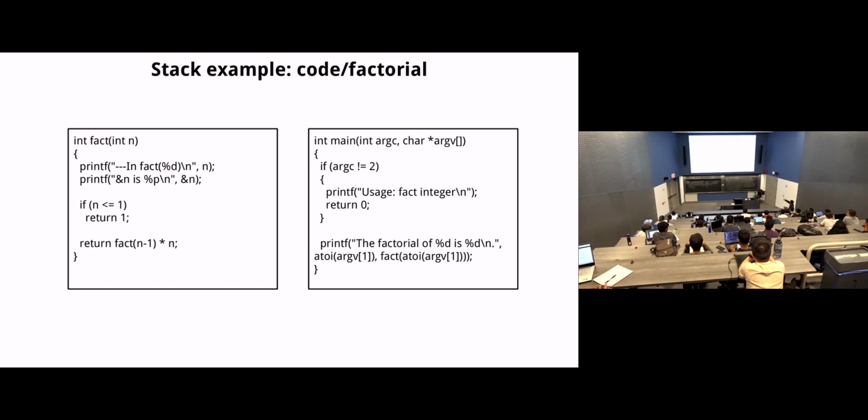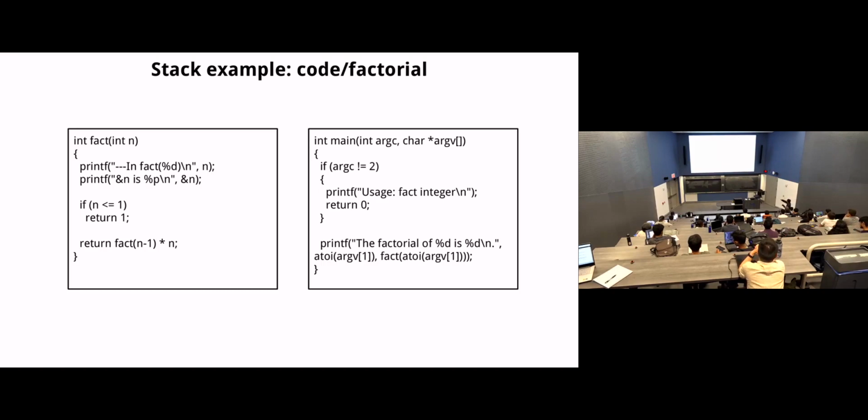If you do not input, we will print out the usage. Whatever you input should be a number, so we change that number into an integer. Then we calculate the factorial of that number. For example, you input 2, then we calculate 1 times 2. You input 4, we calculate 1 times 2 times 3 times 4, right?